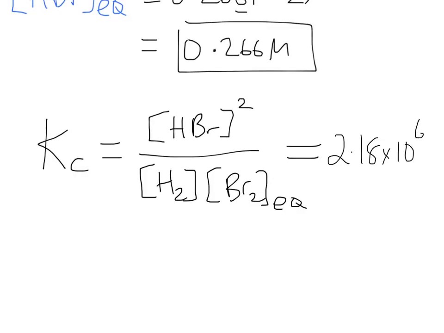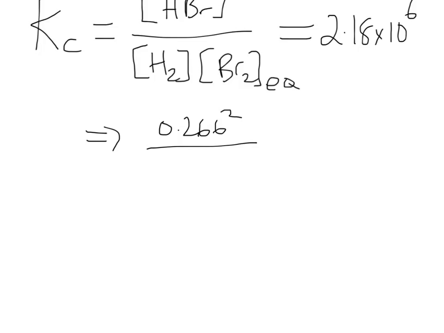And so what we can do, right, is take all three of these concentrations that we've just figured out, and check that it's equal to the equilibrium constant. So what's this give us? This gives us 0.266 squared over the value of x, basically squared, which was 1.80 times 10 to the minus 4.